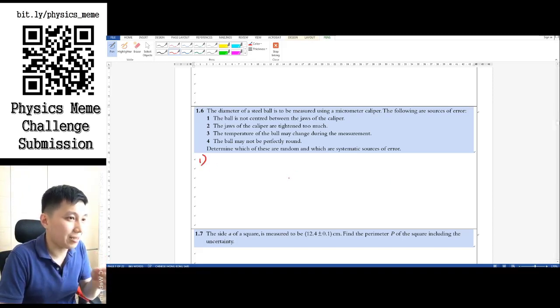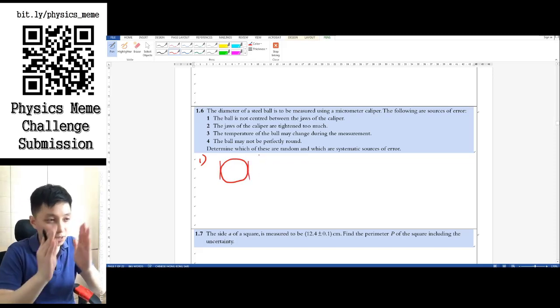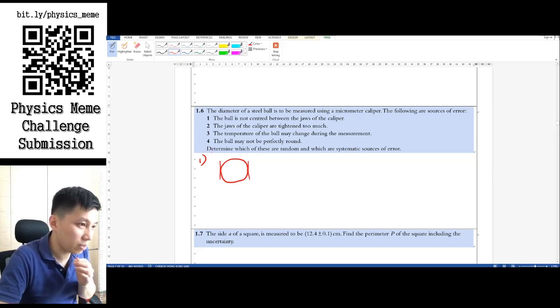For part 1, it's saying that the ball is not centered between the jaws of the caliper. So you can imagine when you try to measure the ball, you have to clip it on two sides. But probably you are not clipping it right, and maybe you are measuring something like this instead, right?